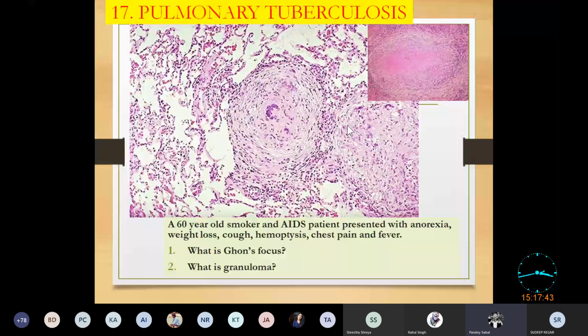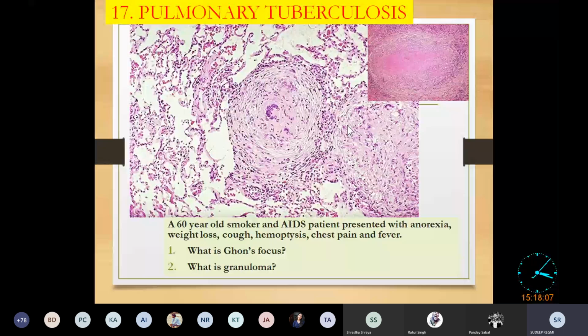Ghon's focus plus involvement of a lymph node is called Ghon's complex. Which lymph node? Cervical or inguinal? Hilar lymph node. Okay, the Ghon's focus in the lung along with the involved hilar lymph node is known as Ghon's complex.